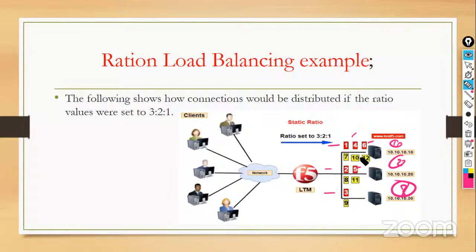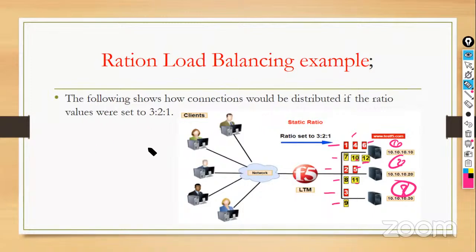Then your seventh request will again come to the first server, the eighth to the second server, the ninth to the third server, the 10th to the first server, the 11th to the second server, then the 12th to the first server, right?